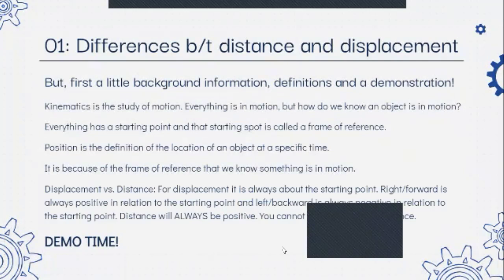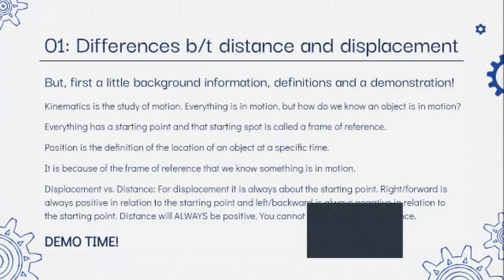All right, so displacement versus distance. For displacement, it's always about the starting point. Whatever that frame of reference point or starting spot is, right and forward from that spot is always positive in relationship to the starting point. Left and backwards is always negative in relation to the starting point.